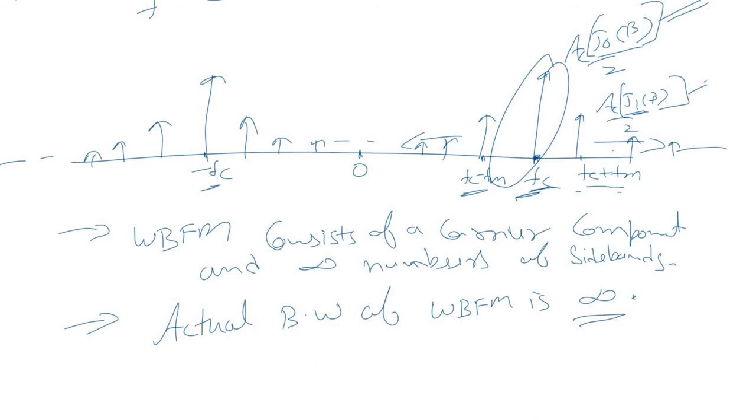A bandwidth cannot be infinite. That is not a practical or desirable thing. But the actual bandwidth of a wideband FM signal is infinite. Later on we'll have a look at the approximate value of bandwidth, which is more practical in nature and more frequently used. But for as of now, the actual bandwidth of wideband FM is infinite.